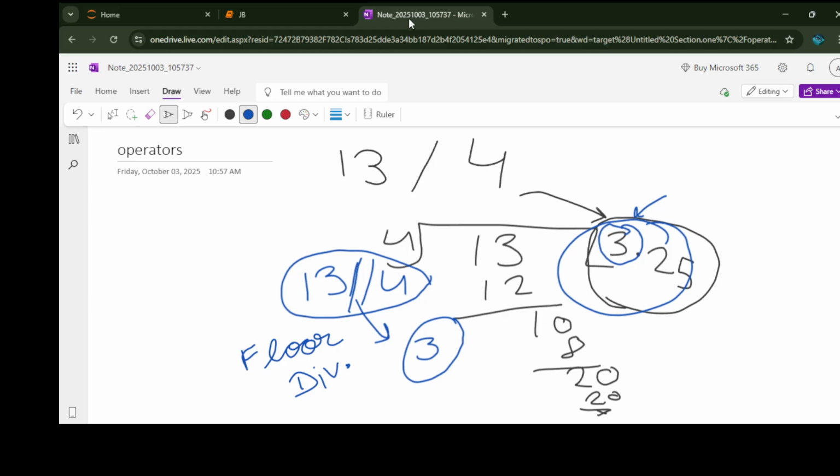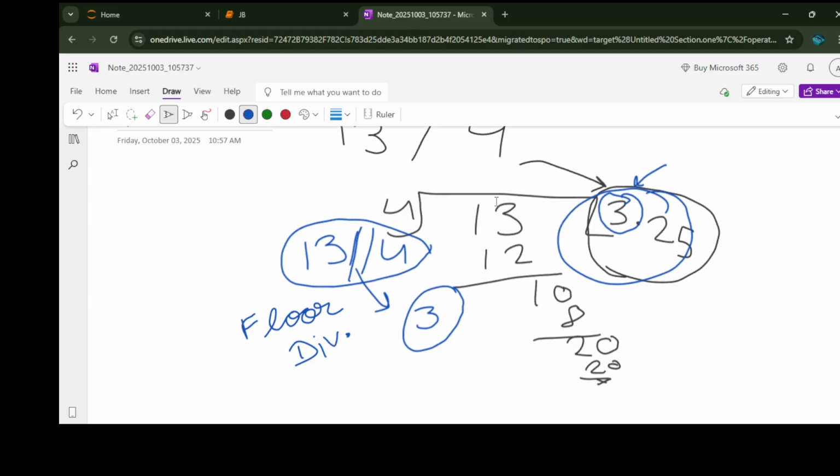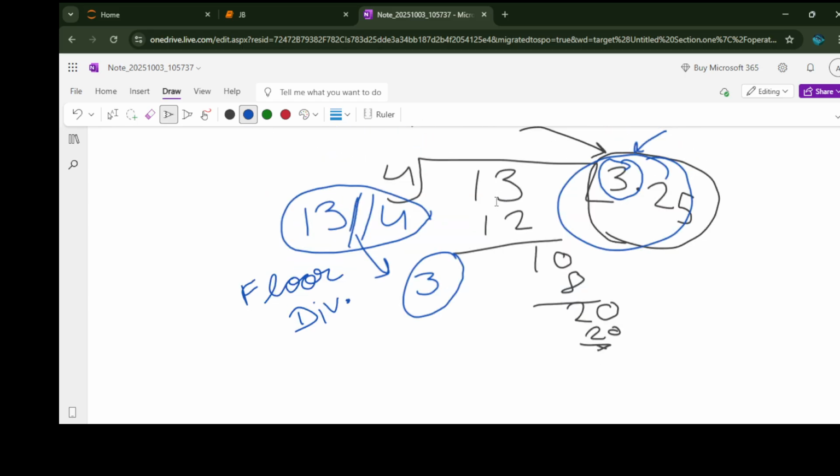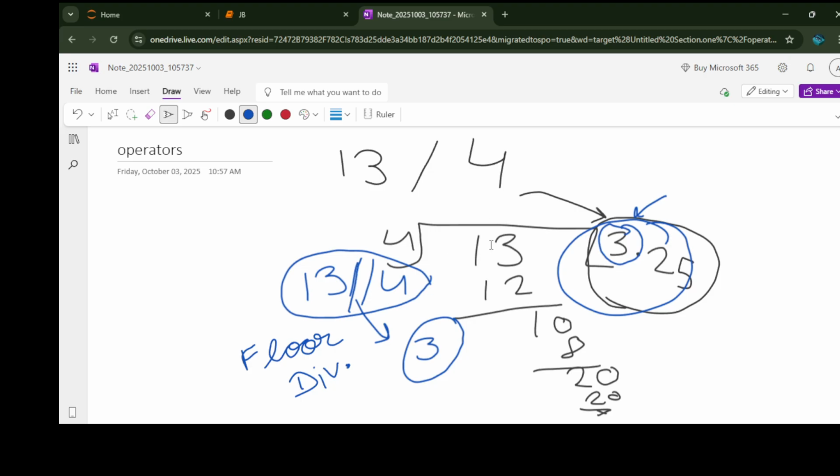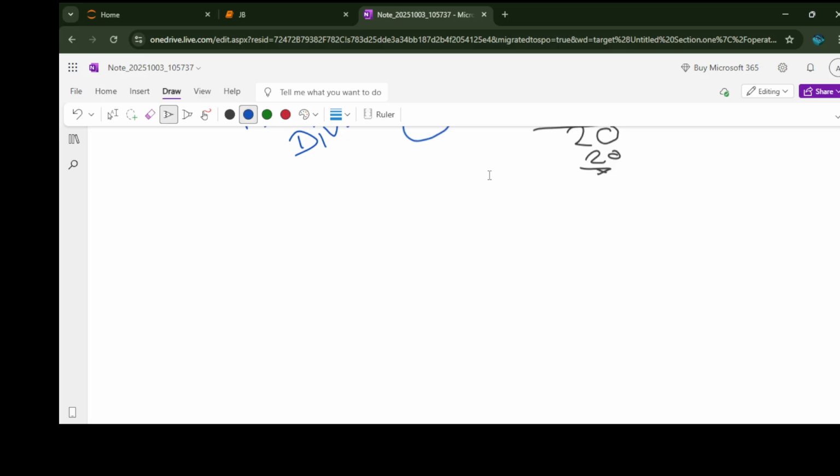Let us take example. In this case, we will try to divide 13 by 4. Here comes 4 3s are 12, then 1, then point, and this is done.